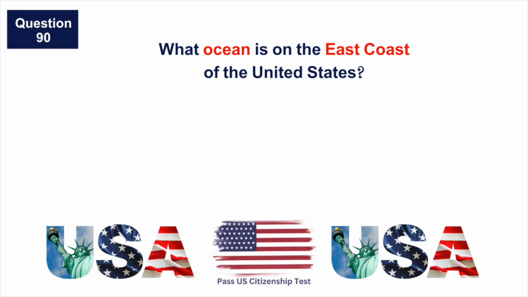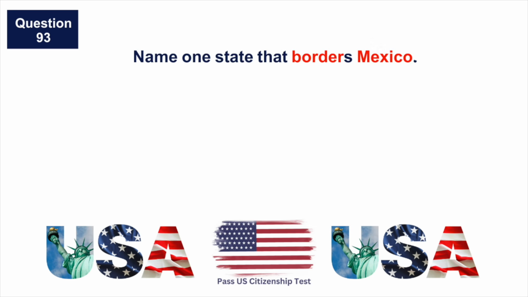What ocean is on the east coast of the United States? Atlantic Ocean. Name one state that borders Mexico. California.